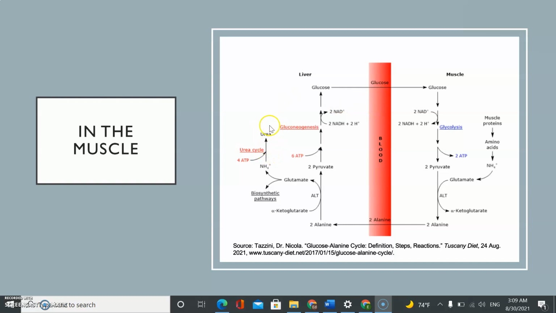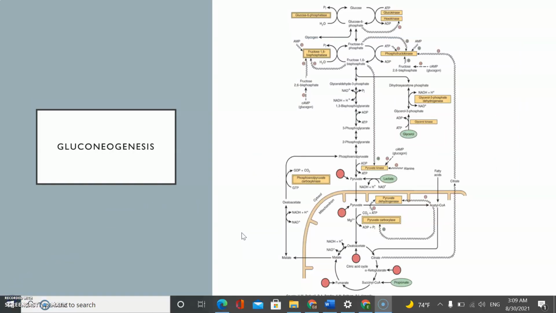Ammonia produced enters the urea cycle and the ketoglutarate produced will be used in the citric acid cycle. In fasted state, pyruvate and alpha ketoglutarate produced in transamination are used in the gluconeogenesis pathway.